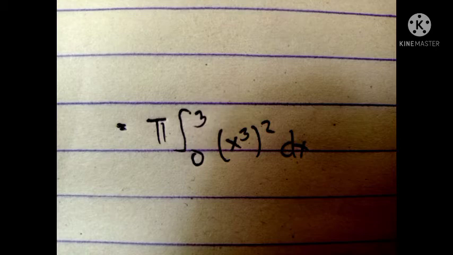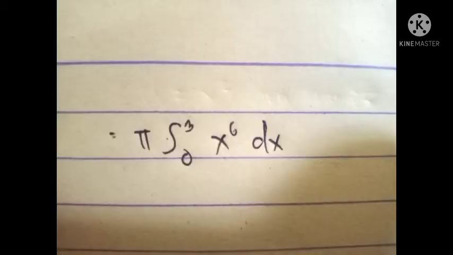So now we'll have pi times the integration from 0 to 3 of x cubed squared dx. So x cubed to the power of 2, we just multiply the powers, so we'll get pi times the integration from 0 to 3 of x to the power of 6 dx.